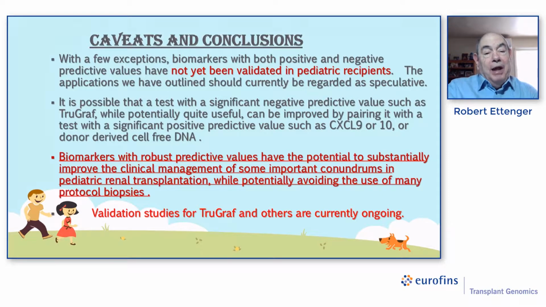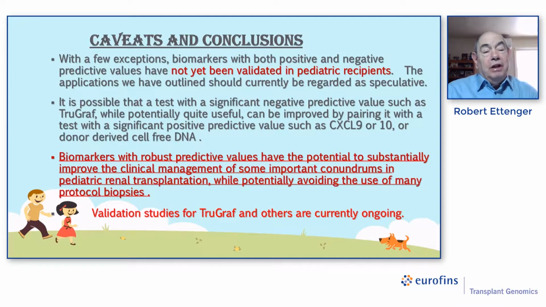It's possible that a test with a significant negative predictive value, such as TruGraf, while potentially quite useful, can be improved by pairing it with a test with a significant positive predictive value, such as CXCL9, CXCL10, or donor-derived cell-free DNA.